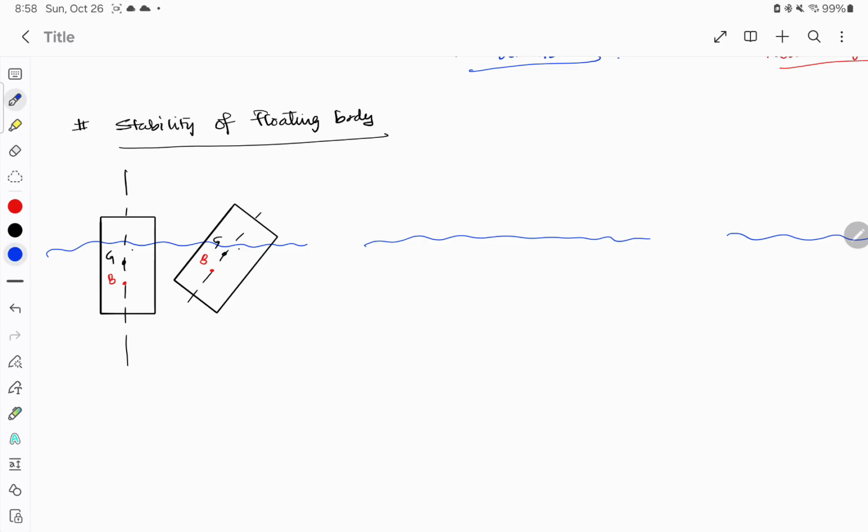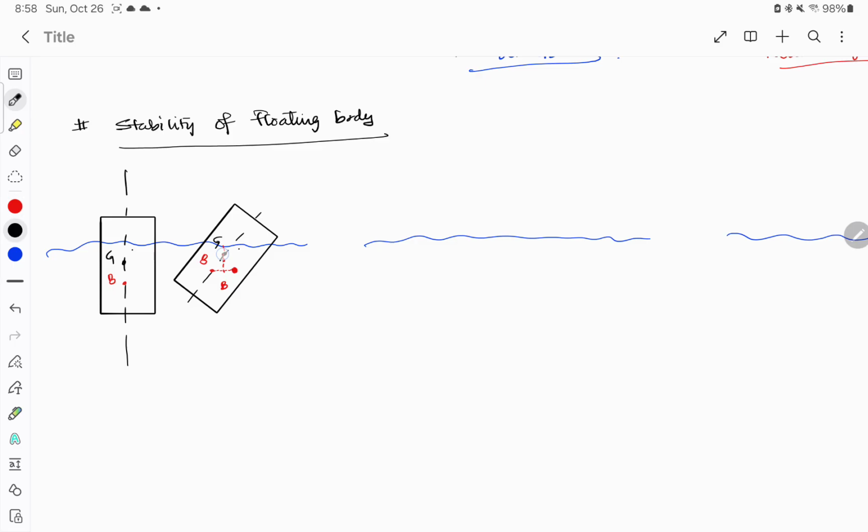I'll draw it again. This part change, which means what? Means that the center of buoyancy will be somewhere here, and this center of buoyancy might cross this center of gravity point in the vertical line. So let us assume that this vertical line has been crossed by the center of buoyancy line.